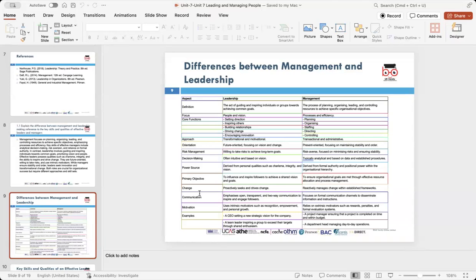For example, a CEO setting a company's new strategy is a leadership role, while a project manager ensuring tasks are completed on time and within budget is a management role. Both roles complement each other in achieving organizational success. Any questions so far?